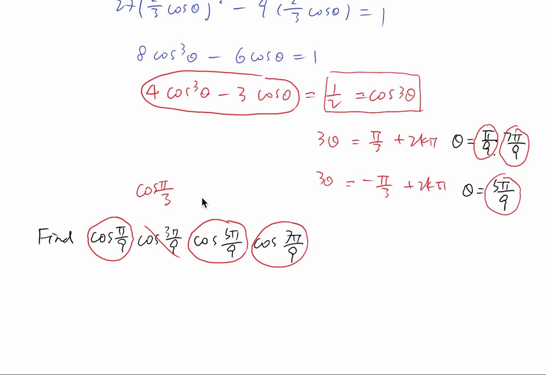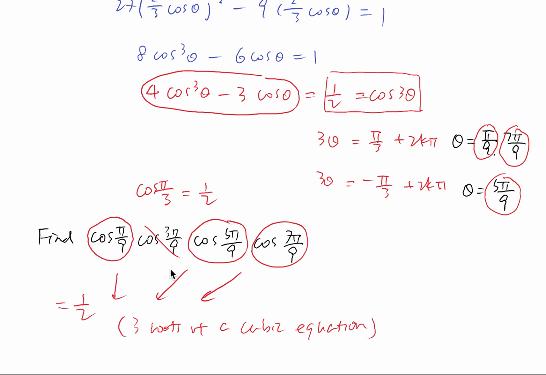You can just directly press your calculator and find that it equals a half. So we have a half multiplied by these three things, and those three things are the three roots of a cubic equation.